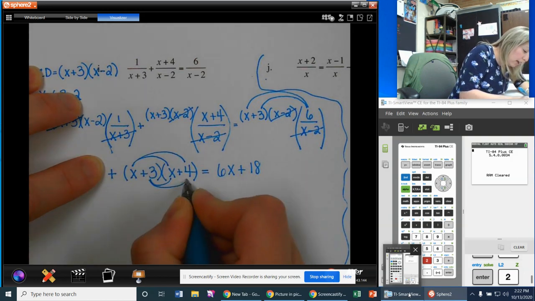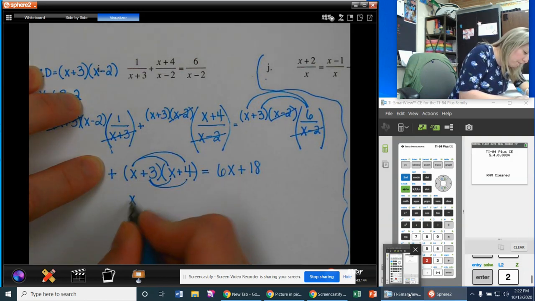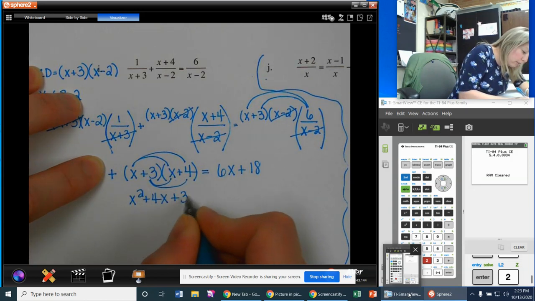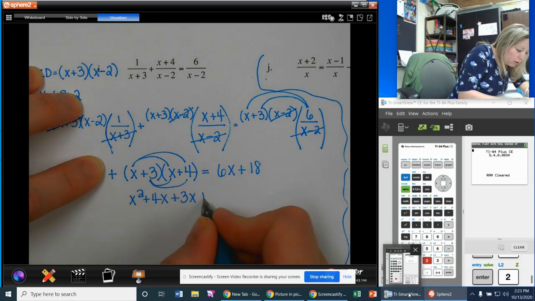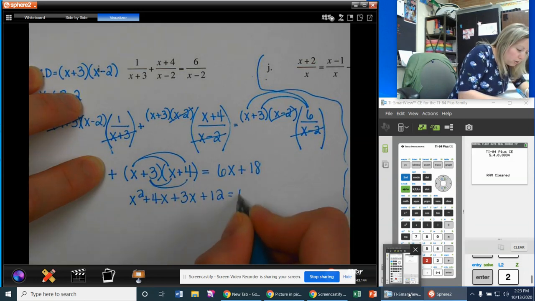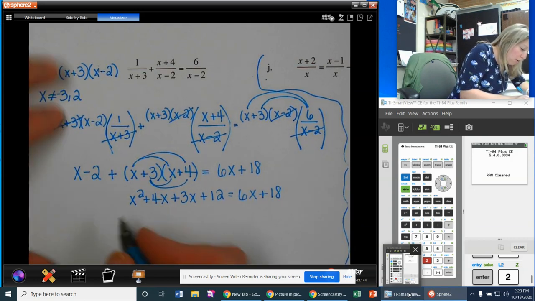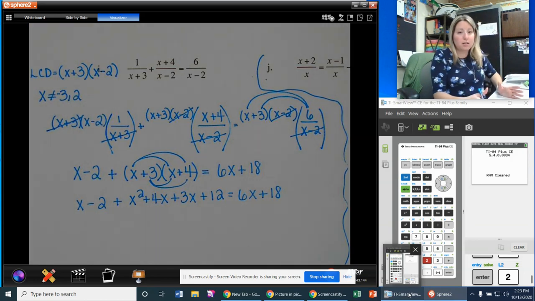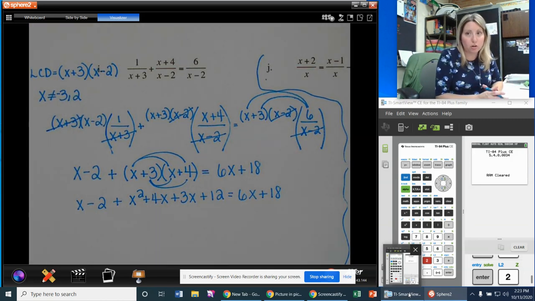First, outer, inner, last. x times x is x squared. x times 4 is plus 4x. x times 3 is plus 3x. 3 times 4 is plus 12. Bring down your equal sign. Your 6x plus 18 is on this side. And don't forget about up here you had x minus 2. On the same side of the equal sign, just combine all your like terms.